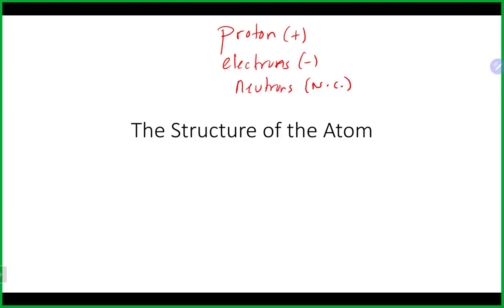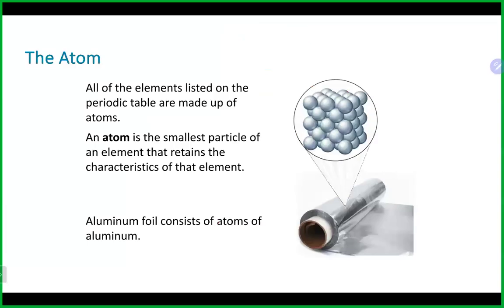So really, a lot of the discovery of the atom came about after a few theories about what atoms were and what they were made out of. And the idea of the atom, as we talked about, is your basic representation of any element that you have.